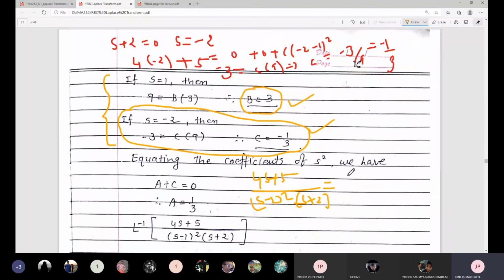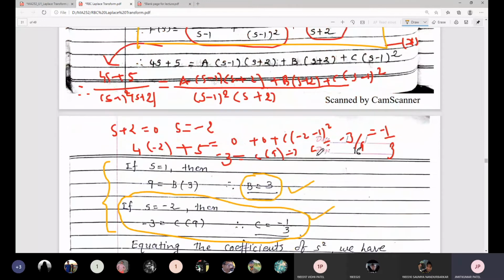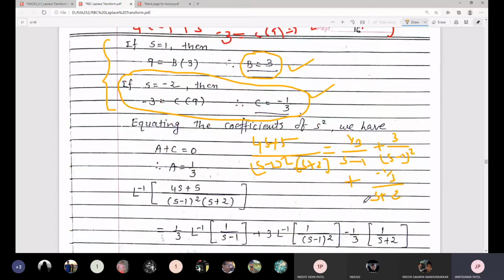So A means 1 by 3 divided by s minus 1, plus B means 3 divided by (s minus 1) whole square, plus C means minus 1 by 3 divided by s plus 2. Sorry, s plus 2, not s minus 2. Okay. After finding A, B, C, we can write that term into this form.